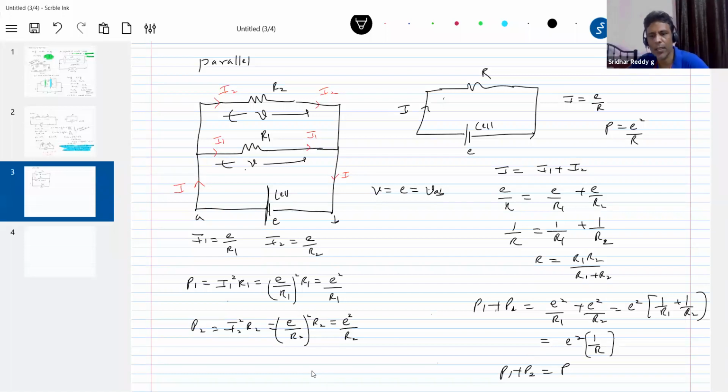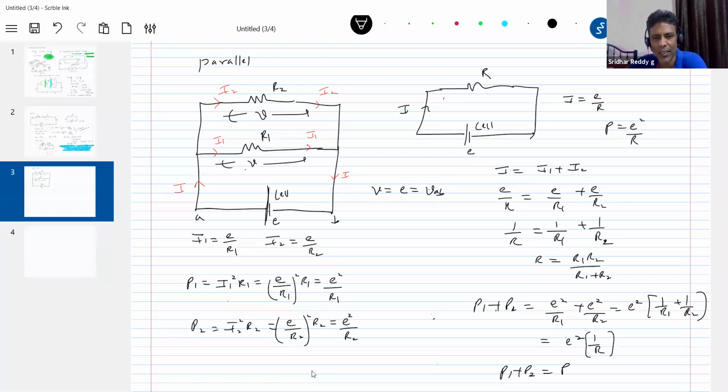Whether you connect them in series or parallel, the total power generated by a cell should be equal to the sum of power dissipated across individual resistors. Power will always be additive. The total power generated by the cell should be equal to the sum of power dissipated across individual resistors, whether they are in series or parallel. Now let's do a comparison.